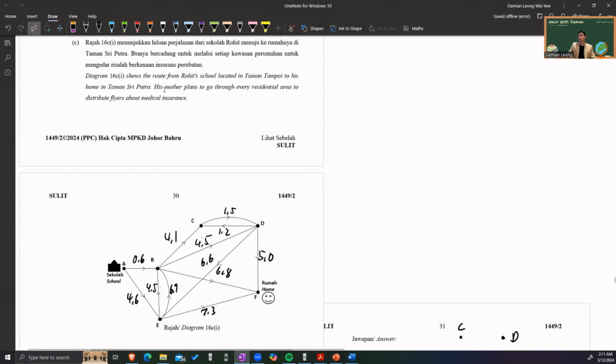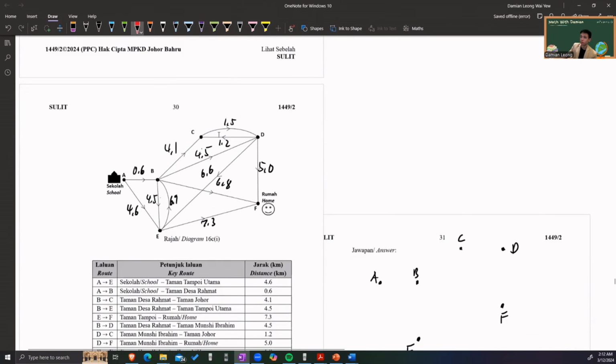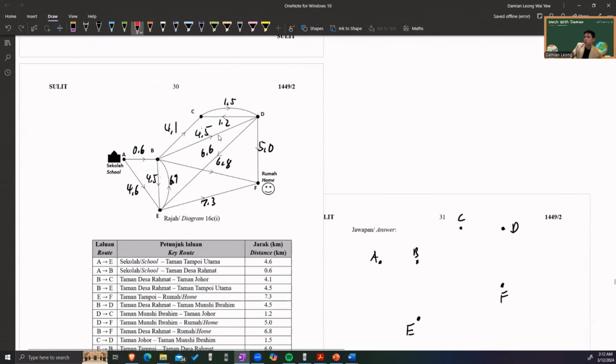So going through every residential area, starting from his school to home. Okay. So if I consider connecting to the lowest weightage.